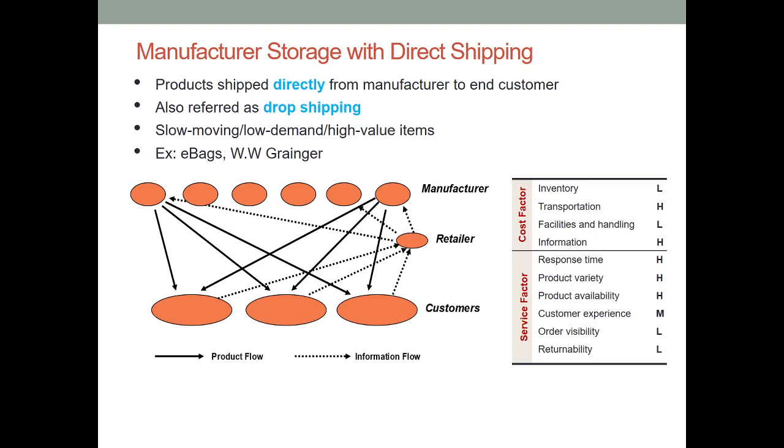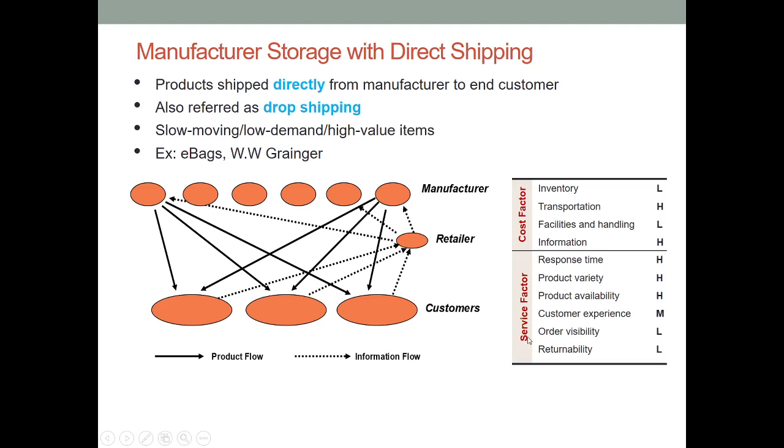How about information? If the firm chooses this distribution network, they have to invest more in the information technology infrastructure, because information is very important. The customer orders from the retailer, the retailer orders from the manufacturer, so they must have a good information infrastructure.